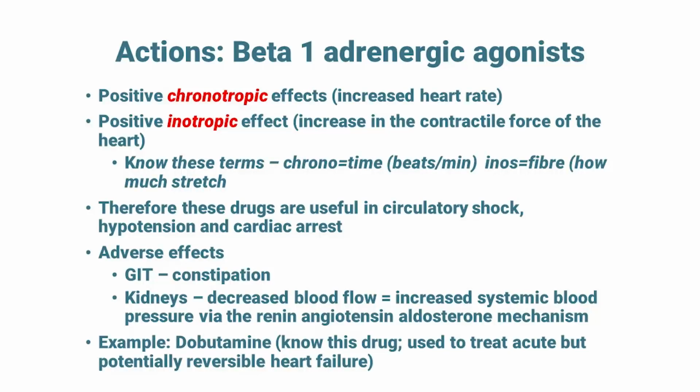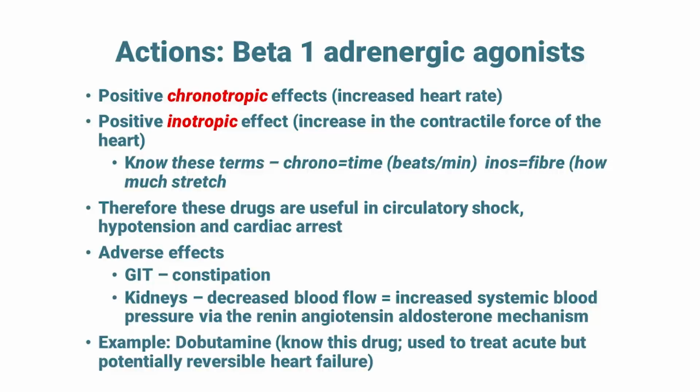Chrono means time, so it's beats per minute, and ino means fiber, so how much it stretches. Now, the important thing about the chronotropic and inotropic effect is that it needs to be preceded by positive or negative. So you'd have to say positive chronotropic effect.